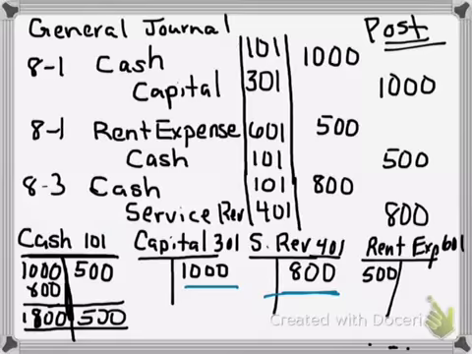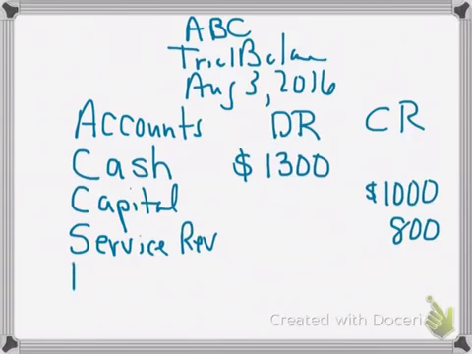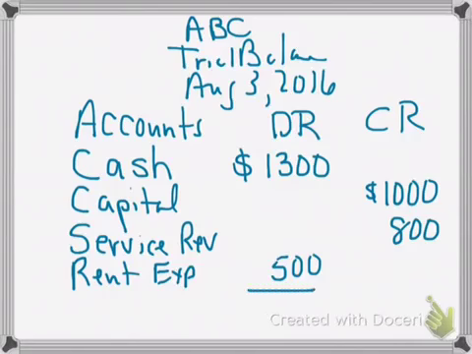And then to go back to it, I would have $500 as a debit to rent expense. So when I come back over here, I'm going to have rent expense, and it's going to be for $500 as a debit. So I do that for every account in my ledger.